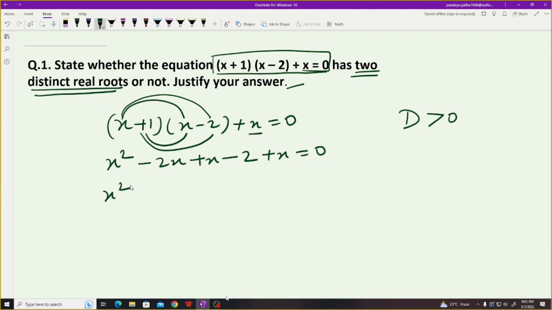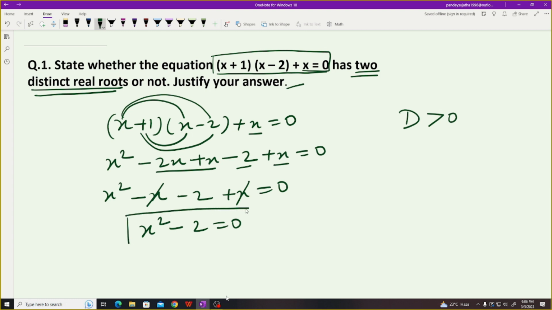Solve it. x square minus 2x plus x is minus x. Minus 2 plus x is equal to 0. So cancel this negative x and this positive x. So we are left with x square minus 2 is equal to 0. So this equation we have written in standard form.